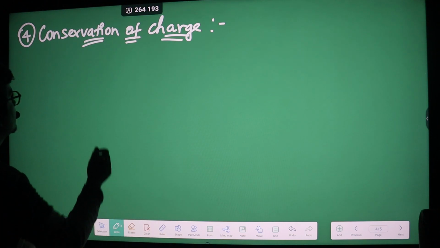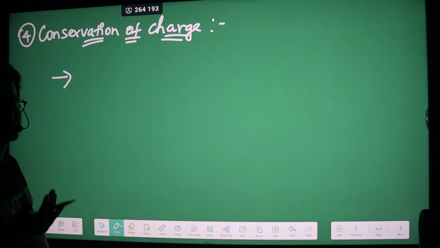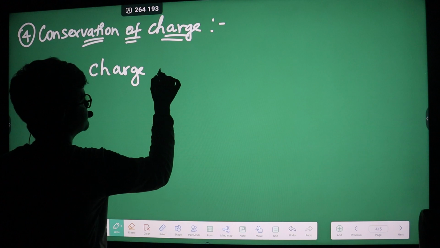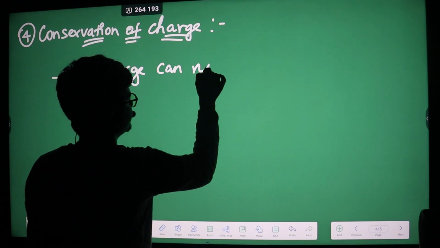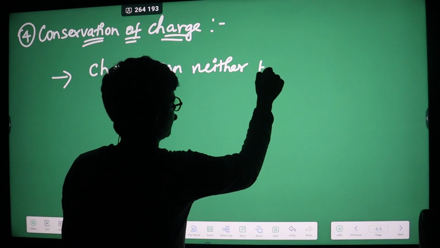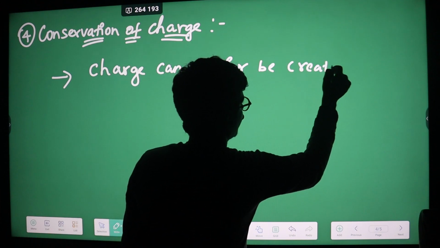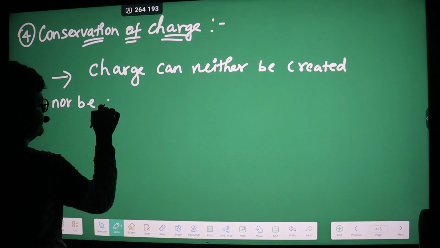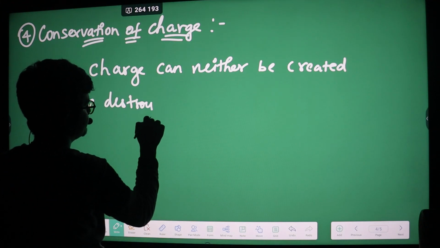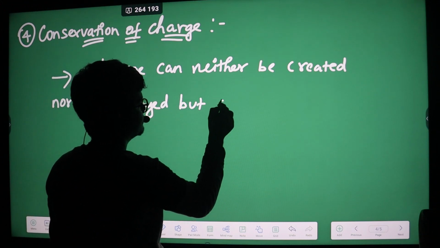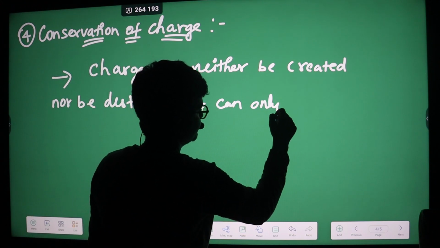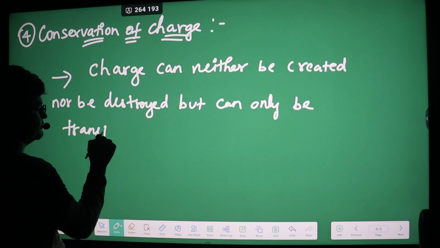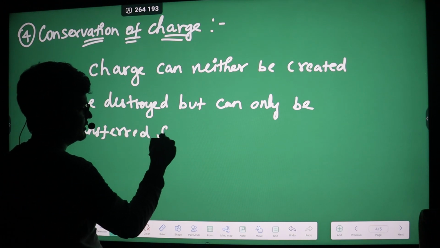So I'm going to write the statement for the conservation of charge, and everybody knows this statement, that charge can neither be created nor be destroyed, but can only be transferred from one body to another body.